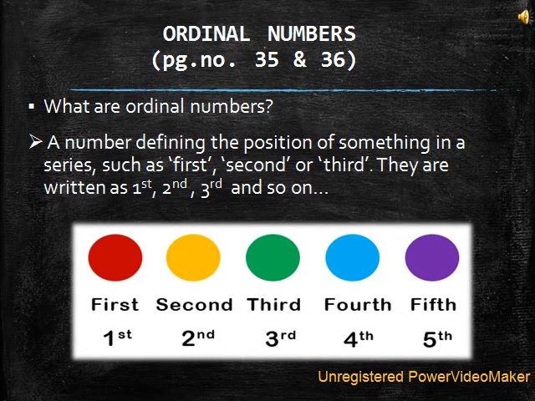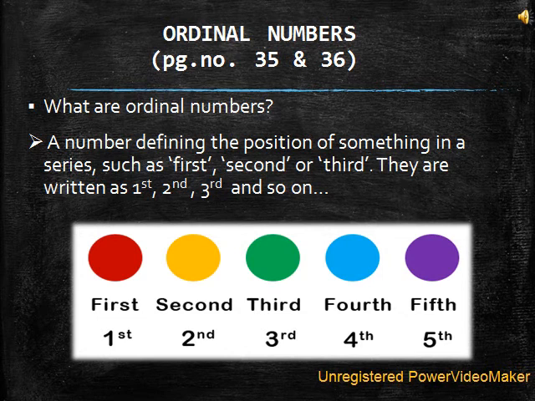No. We always say first period, second period, third period, and so on up to 8 periods. You are having 8 periods in your school. So here we have the position of something always as first, second, third, fourth, fifth.